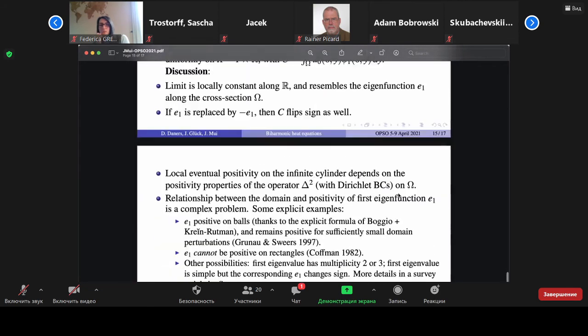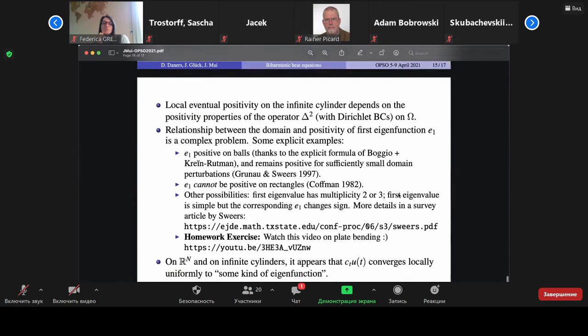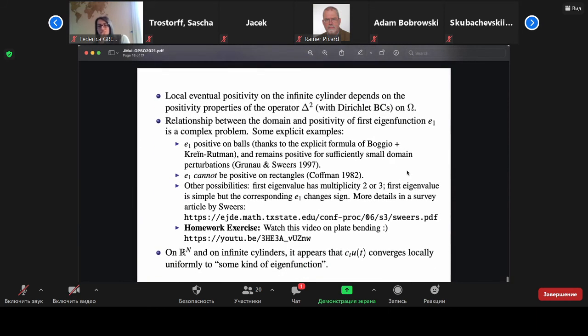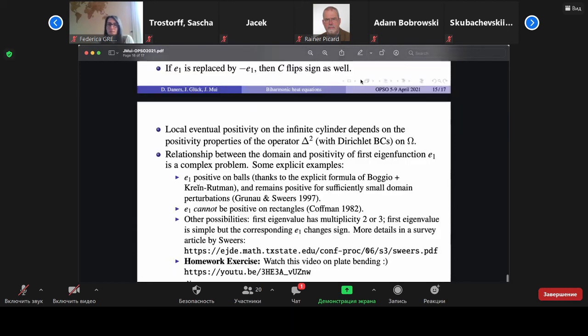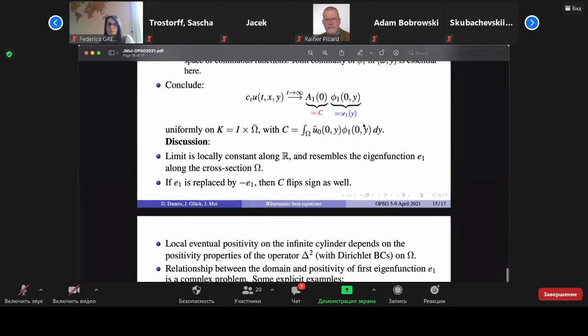I would like to finish off by discussing some really interesting properties of this eigenfunction on omega, because we see that a local eventual positivity on the infinite cylinder depends on the positivity properties of this biharmonic operator on omega, given the nature of this limit.